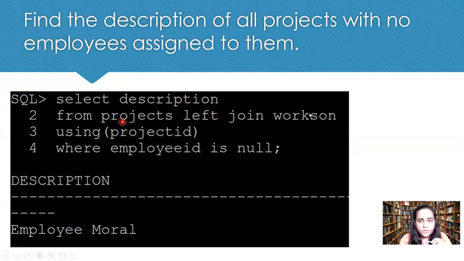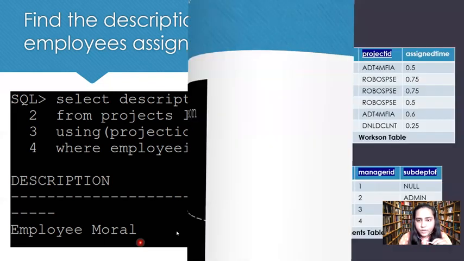Between projects and works on, the common column is project ID, so I'm going to use the keyword using project ID. And how do I know that a particular project is not given any employee to work on? By putting this statement: where employee ID is null. And the result is employee moral, which we are going to verify now.